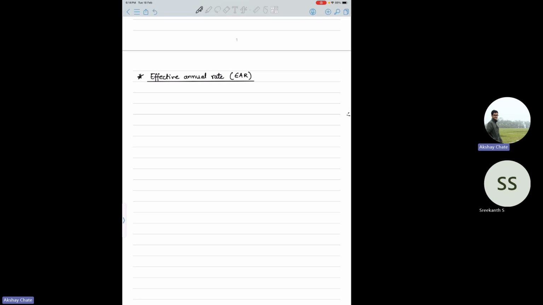For a normal case, the EAR is nothing but your future value minus your principal, divided by your principal. This is the basic formula.